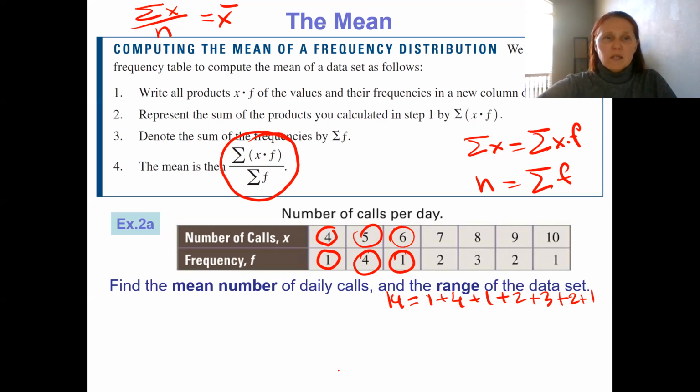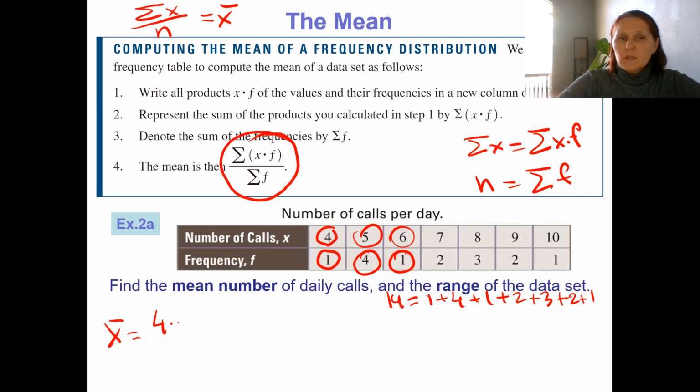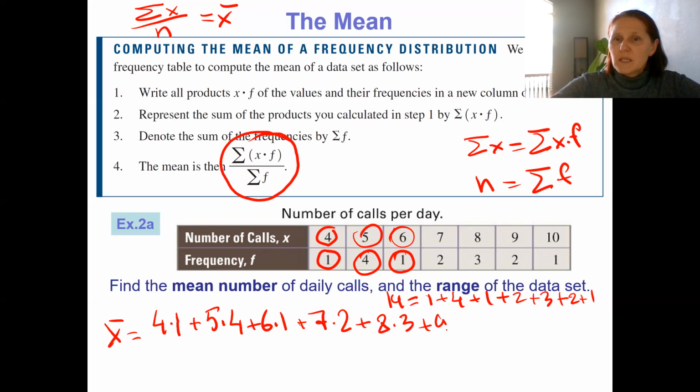exactly 2 weeks. And to find the mean, add such products: the number of calls 4 times the number of days when it was 4 calls, plus 5 calls were during 4 days, plus 6 calls for 1 day, plus 7 calls 2 days, plus 8 times 3, plus 9 times 2, and plus 10 times 1.